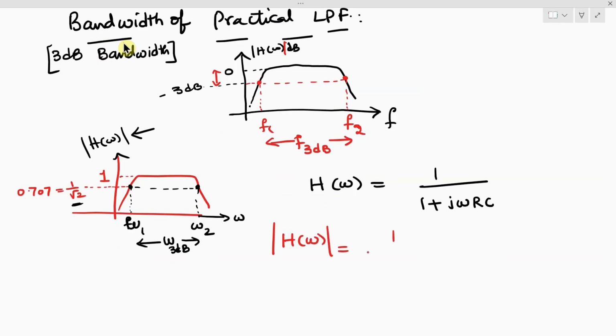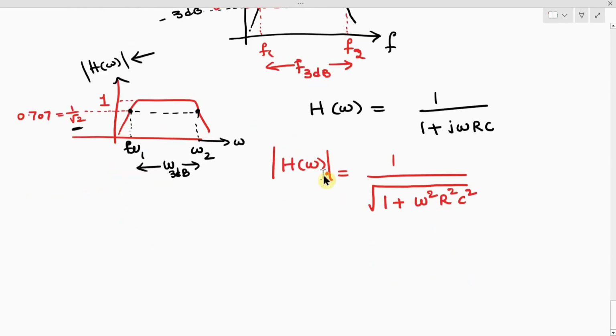And it is very simple because we only have the complex term in the denominator, it is 1 by root over 1 plus real part square plus imaginary part square. Real part is 1, imaginary part is omega RC, squared. Understood? Yes, sir.